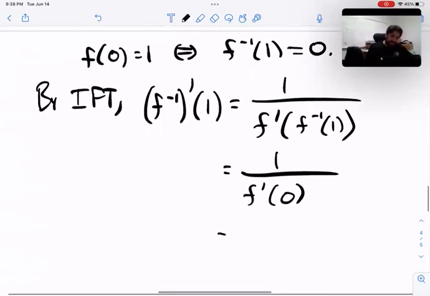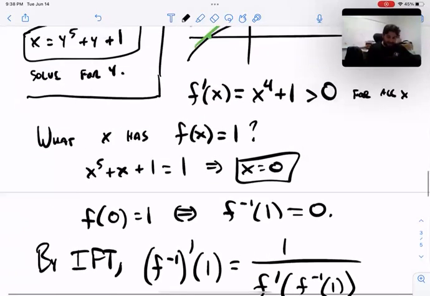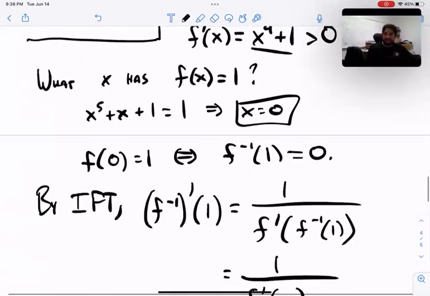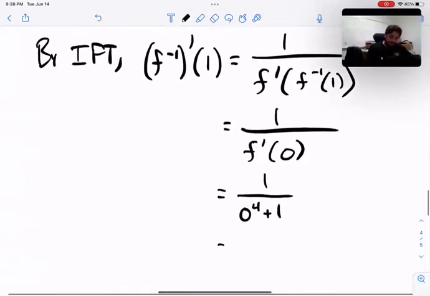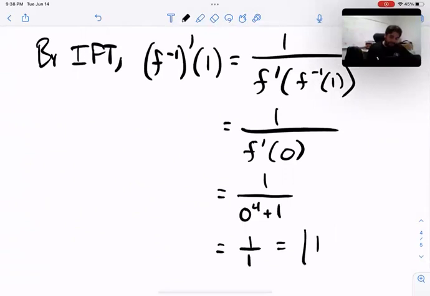So now I need 1 over f prime at 0. Well, I already had a formula for f prime up here: x to the fourth plus 1. So this is 1 over 0 to the fourth plus 1, which is 1 over 1, which is 1. So there we go. The slope of the inverse function at 1 is 1.